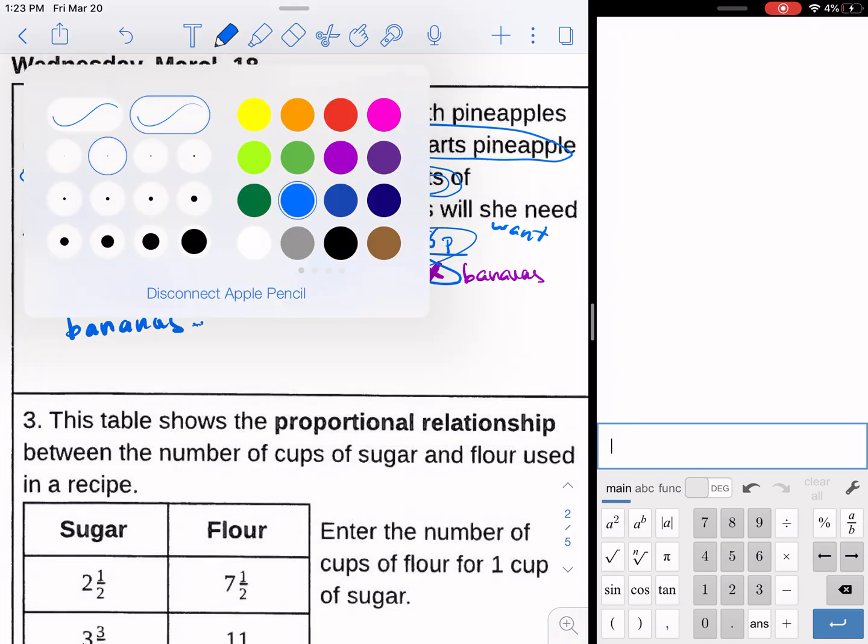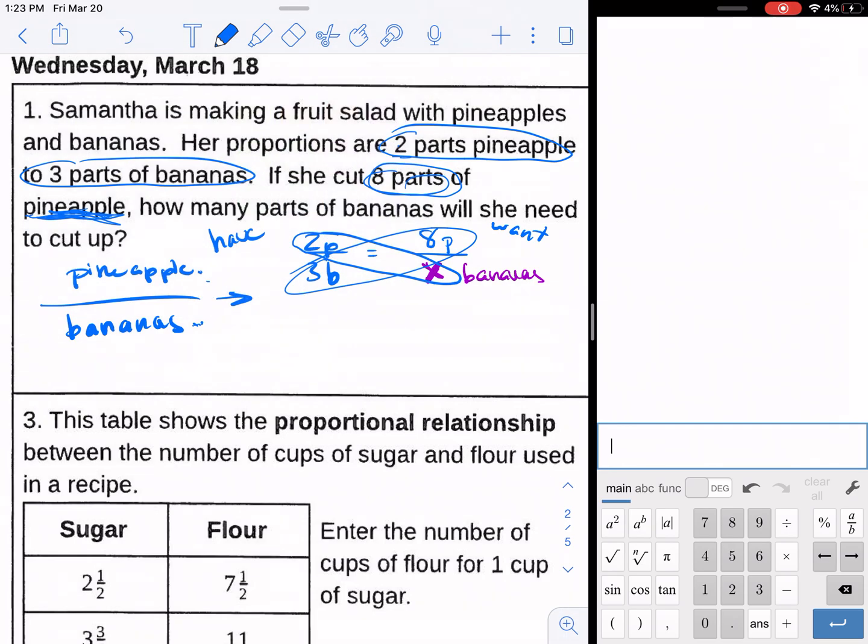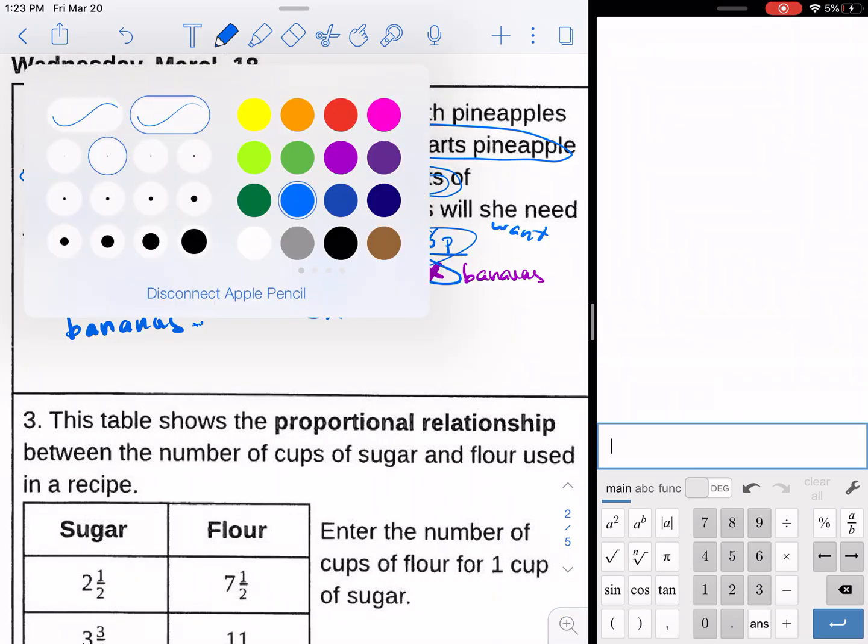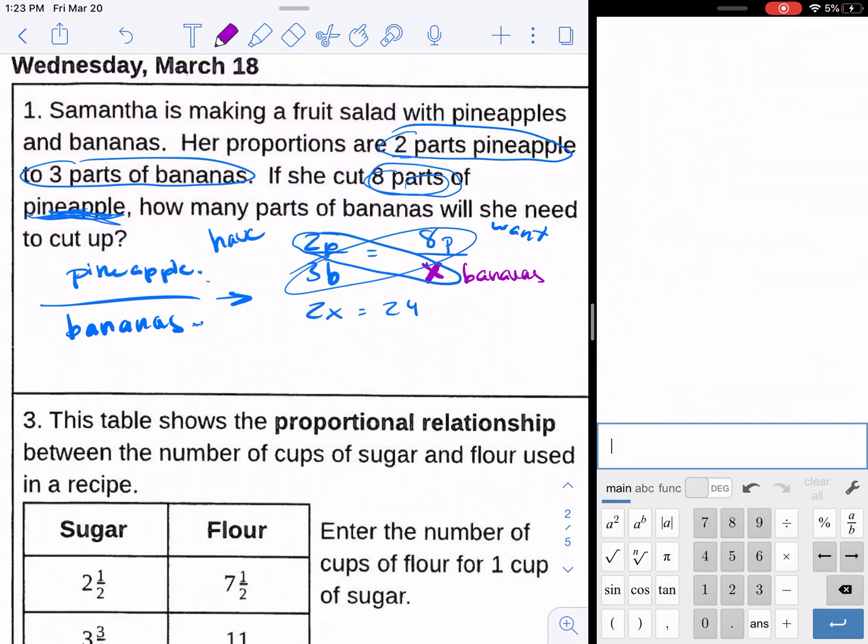So I'm going to do some cross multiplying. 2 times x, 2x. 3 times 8 is 24. How on earth do I get that x by itself? Well, it's being multiplied. What's the opposite of multiplying by 2? It's dividing by 2. 2 on top, 2 on bottom.